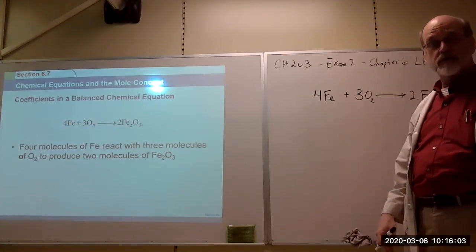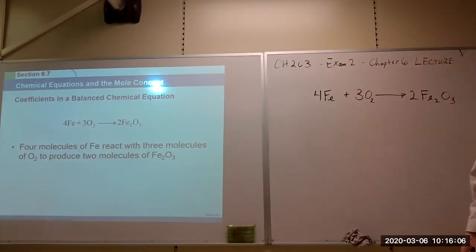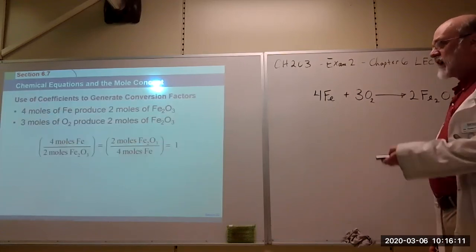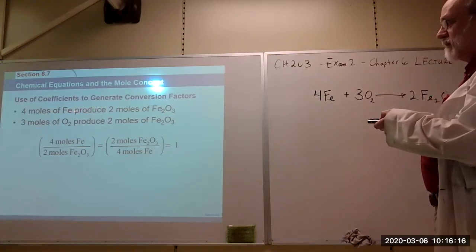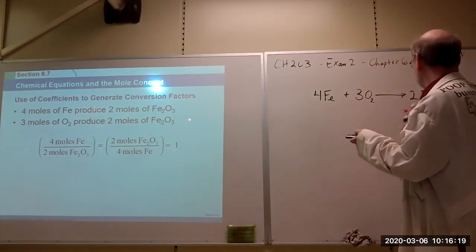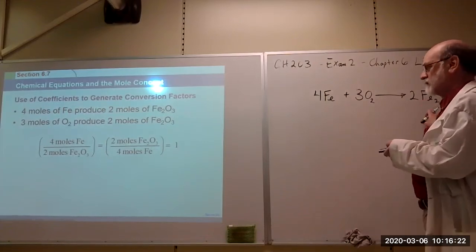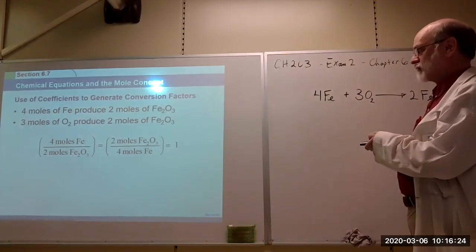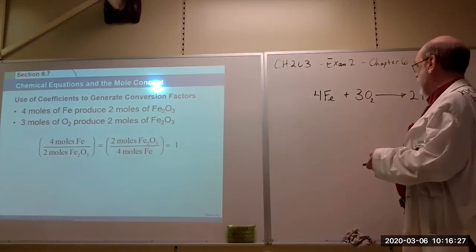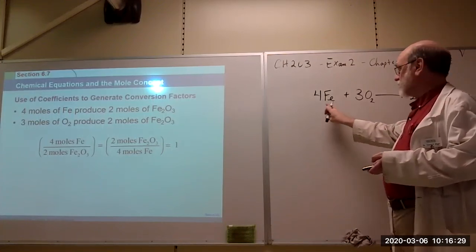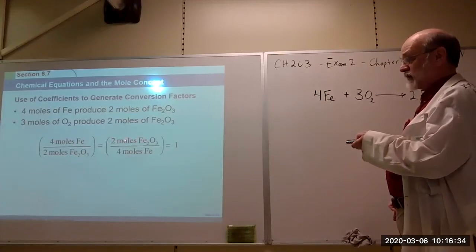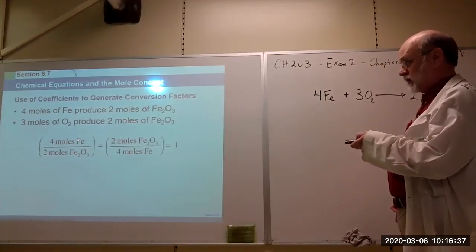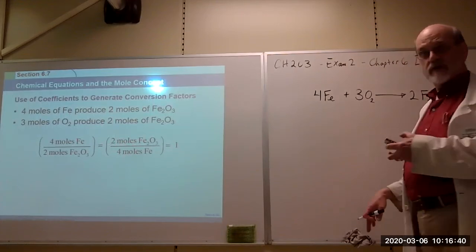So you actually have 6 conversion factors total. It just depends on which ones you need. So in this case, if we have 4 moles of iron, 4 moles of iron produces 2 moles of iron oxide, iron 3 oxide. And the ratio is equal to 1. 4 to 2 is the same as 2 to 4. Right? We just put this one up here and this one down here. Is equal to 1. We have a conversion factor.